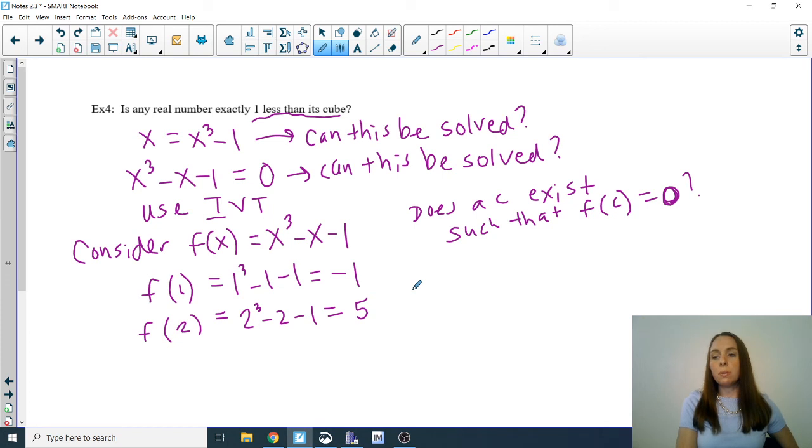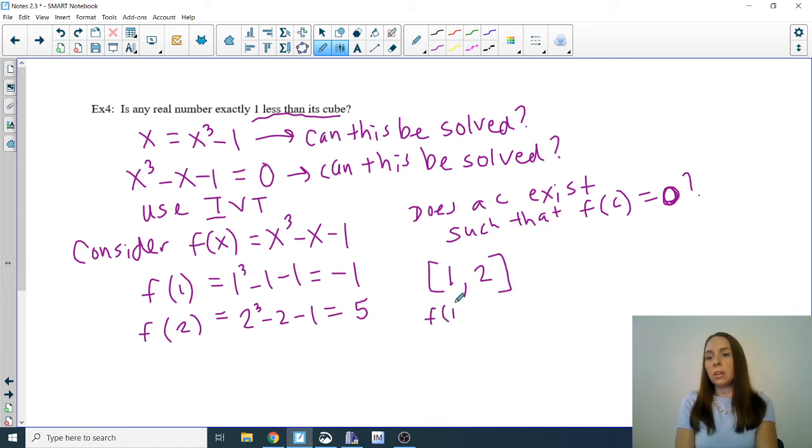And so what we now have found is that we have this interval, an x-coordinate from 1 to an x-coordinate of 2. And f of 1 is equal to negative 1, and f of 2 is equal to 5. 0 falls in here, right? 0 is somewhere in there.